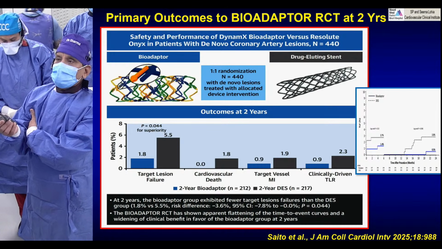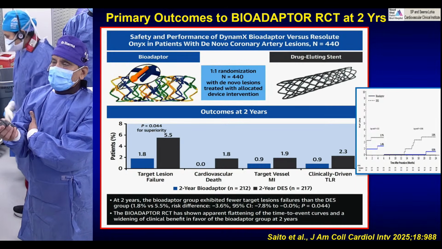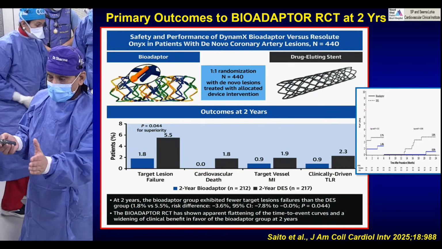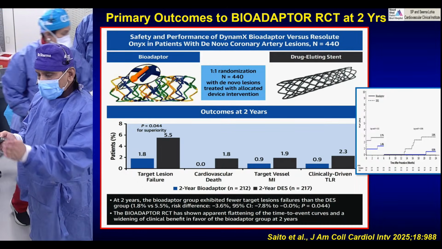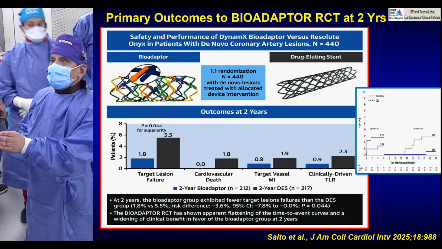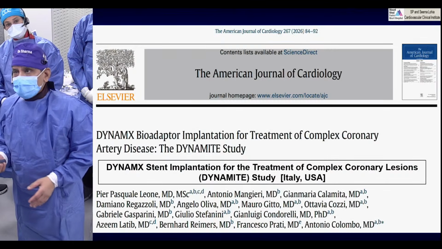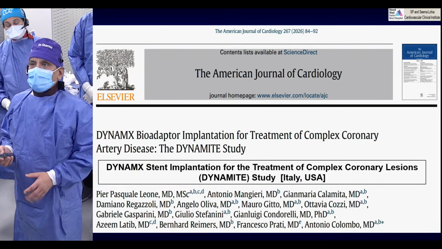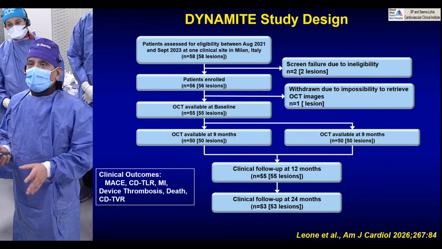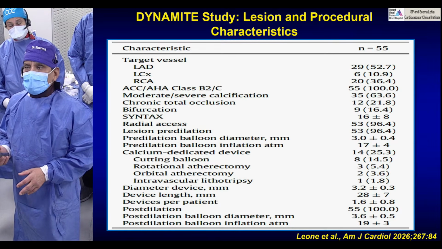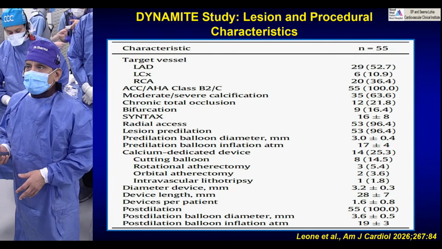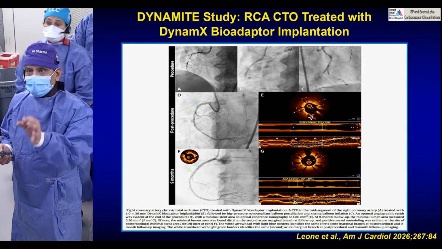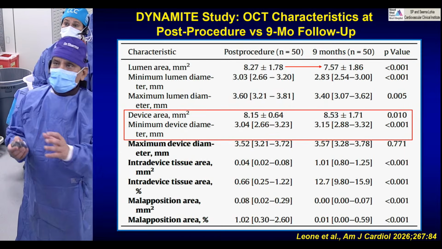And that is what we used to hope after the bioabsorbable stents, bioabsorbable scaffolds, that after the initial period, the events which continue in the DES may decrease with this new device. And it looks like it is going that way. And now we have the data of the DYNAMITE study. Again, there's no randomization, but it included 53 patients with 53 lesions, treated with various techniques, and by OCT, we are seeing that the stent becomes positive.